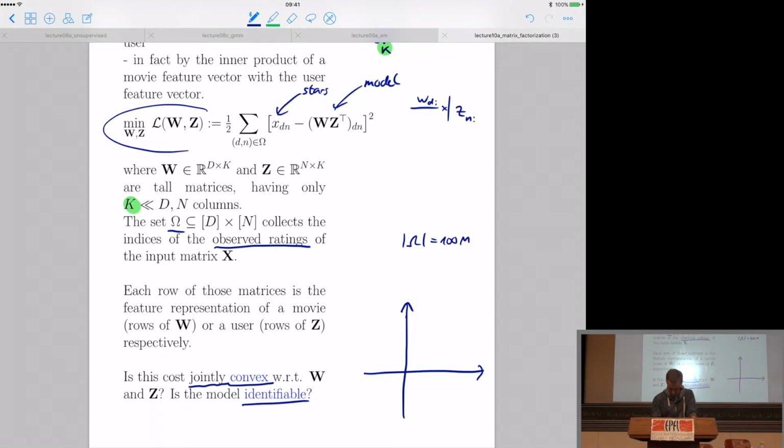Okay, so here is W, here is Z, and let's say we look at a very simple function, the loss. What's the simplest function I could define on these things?